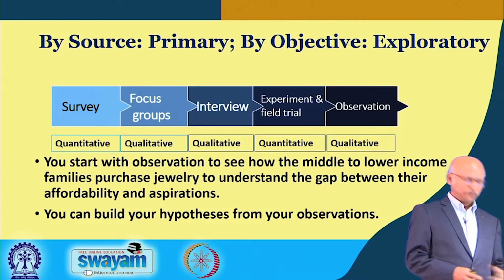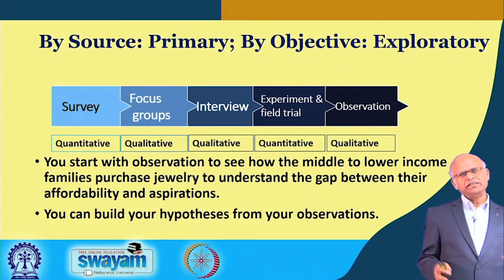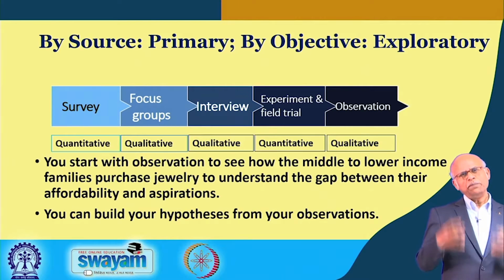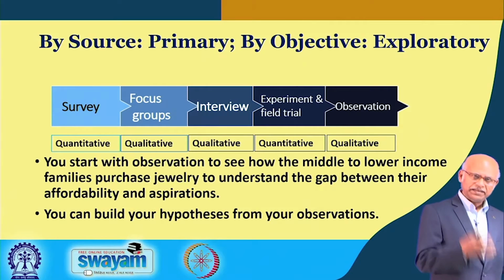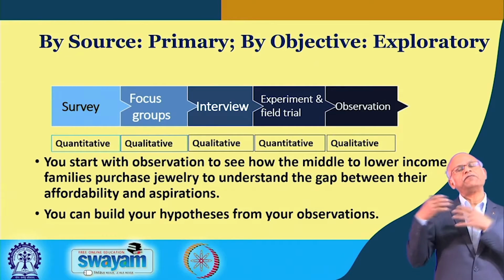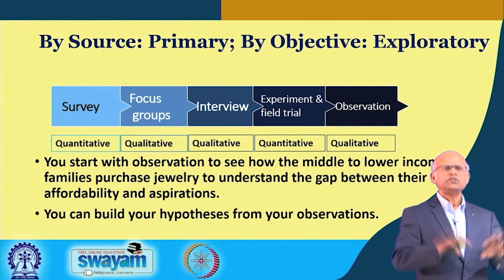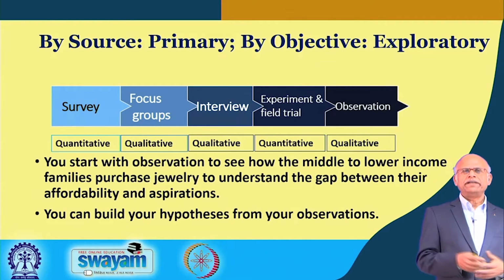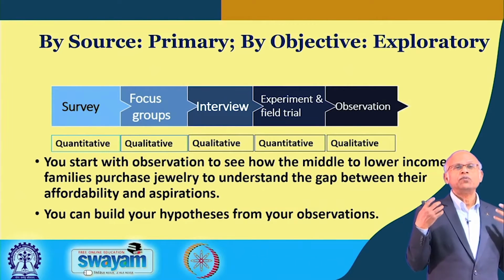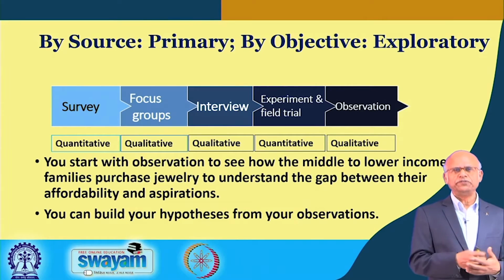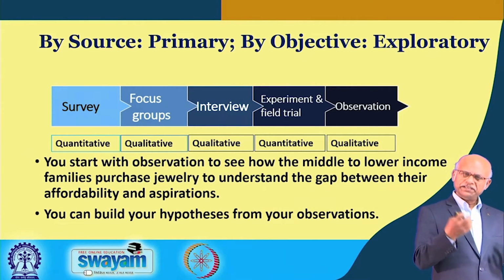So, you start with observation, to see whether this really makes sense, whether this will really make people happy, or whether they can afford high value jewelry. You just observe, maybe you visit some marriages or festivities, and watch people. That is just observation, and then you get an initial idea.